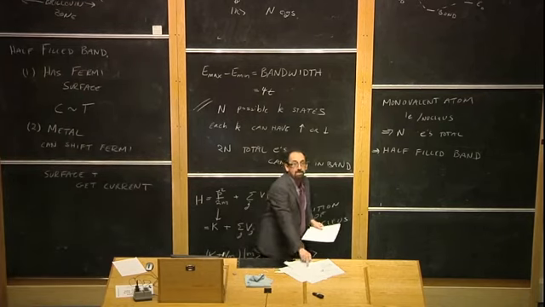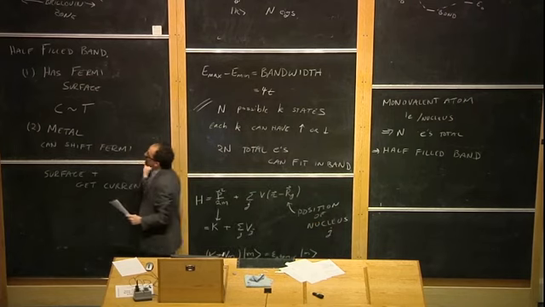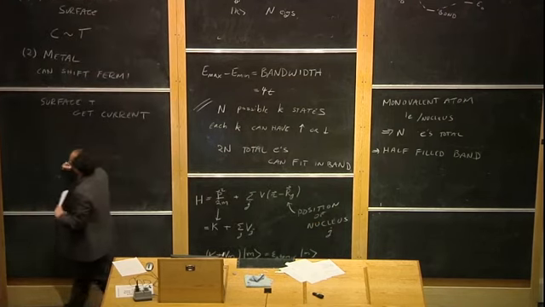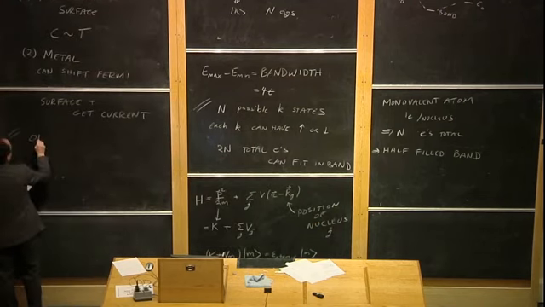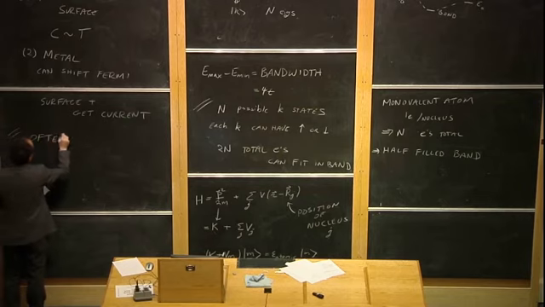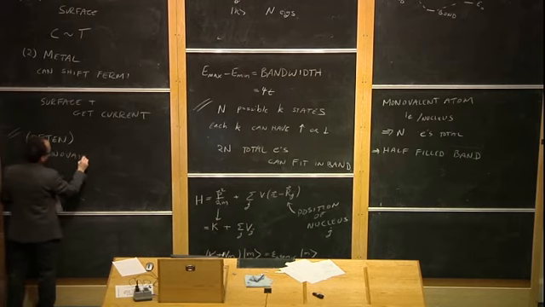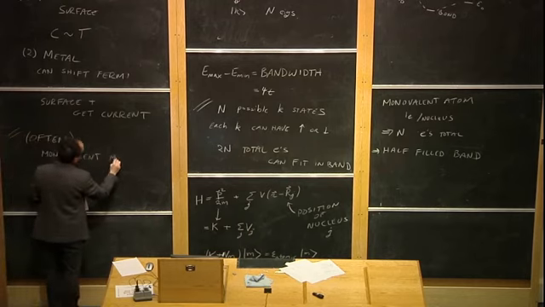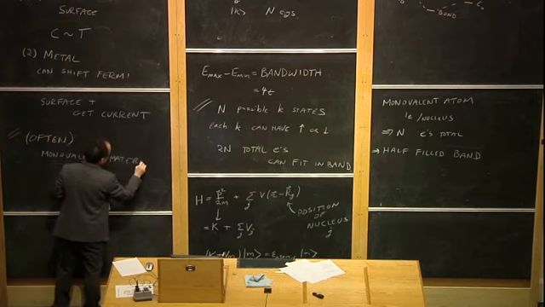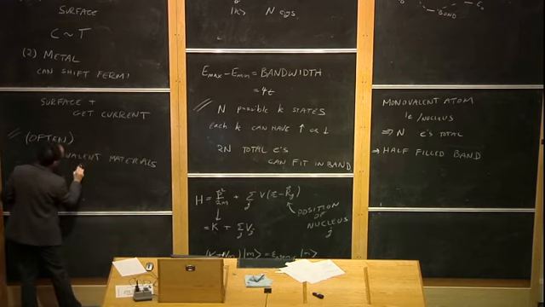And indeed, it's very frequently the case that monovalent atoms are metals. Often, I mean, a simple picture should always be true, but often monovalent materials are metals.